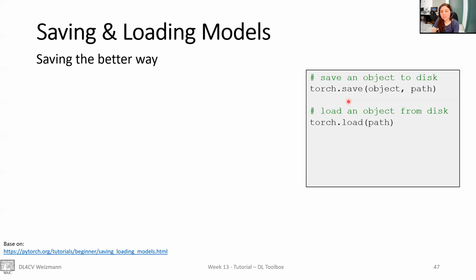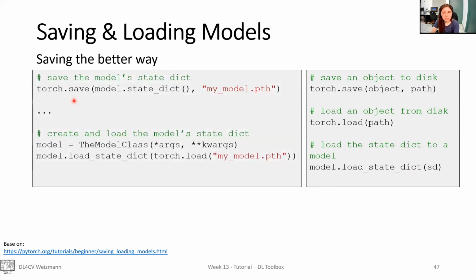So instead of using save and load directly, we use the load state dictionary method. What it does is it receives the state dictionary and loads it into the model. We don't save the class, we only save the state dictionary into some path. Later we explicitly create the class that we need, and then we load the state dictionary.